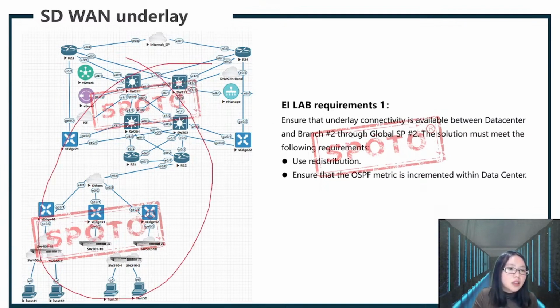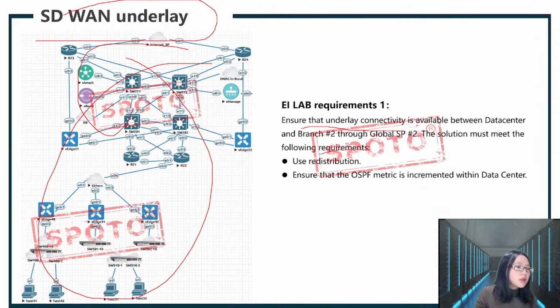SD1 underlay. First, you must ensure the underlay connectivity is available between the data center and branch 2 through global service provider 2. The solution must meet the following requirement.